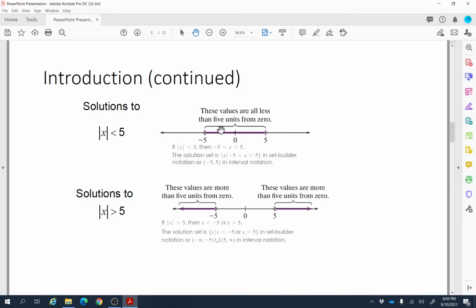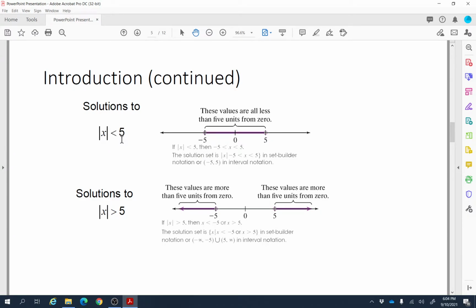So any number in between negative 5 and positive 5. For example, positive 4 is 4 units from 0. It's less than 5. So any number less than 5 units from the origin would be a solution of this inequality.